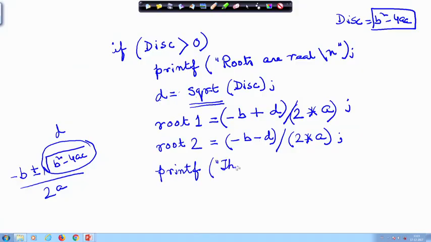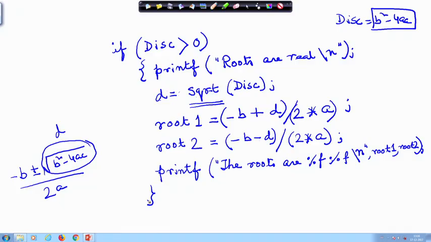I can say the roots are percentage f, roots are floats percentage f backslash n and root 1 comma root 2. So, this is the whole part, the compound statement if disk is greater than 0.